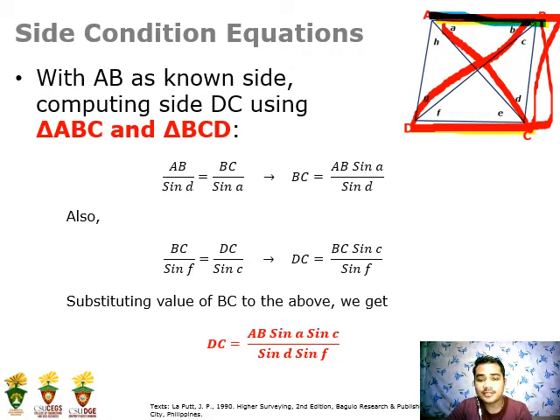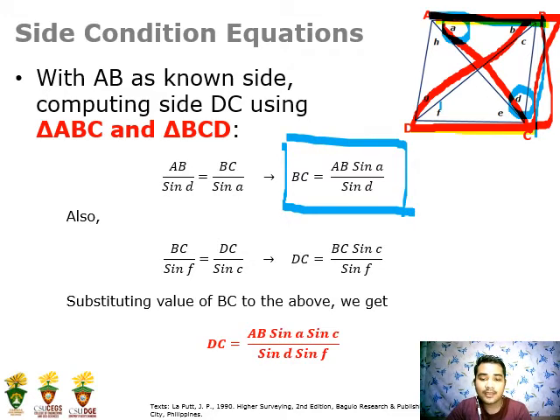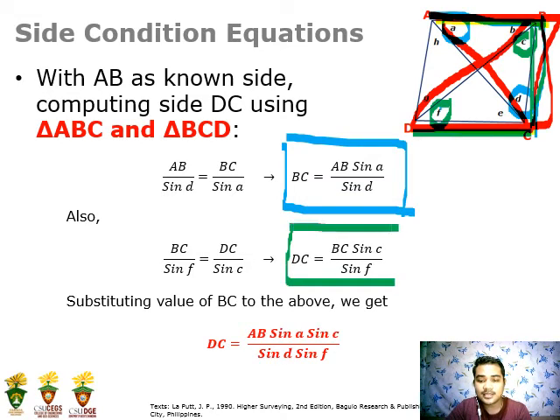Sa AB opposite niya si sine D, and BC opposite niya si sine A. So ato i-manipulate, BC is equals to AB sine A over sine D. Also BC, considering another triangle, opposite niya is angle F, and si DC opposite niya is angle C. So manipulating, we can get DC is equals to BC sine C over sine F. Then we're going to substitute the value of BC.